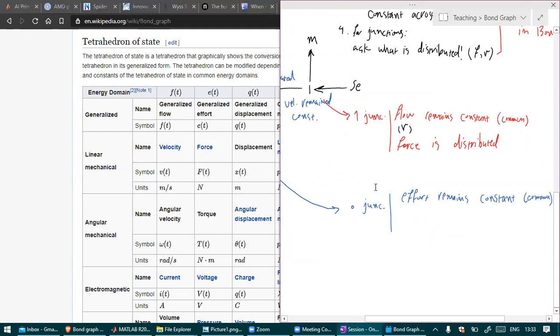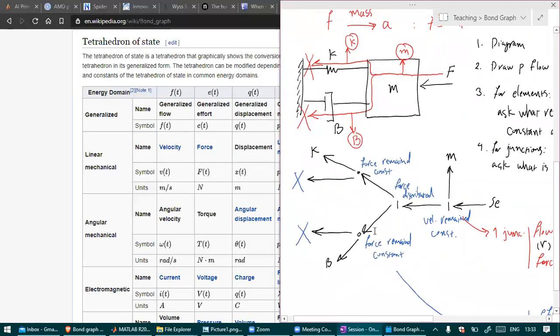So comparing the 1 junction and 0 junction, we notice that in 1 junction flow remains constant, so force is distributed. In 0 junction, the effort remains constant. So what is distributed here? The flow is distributed in a 0 junction.